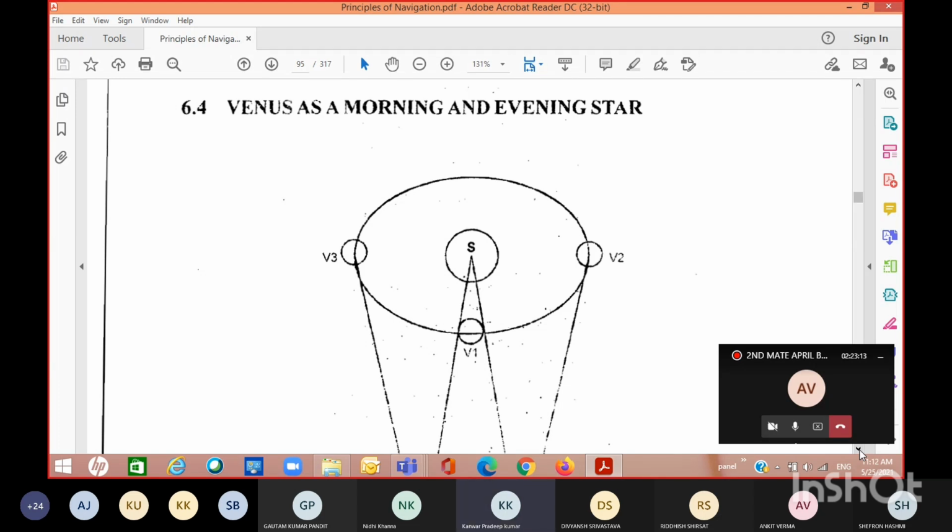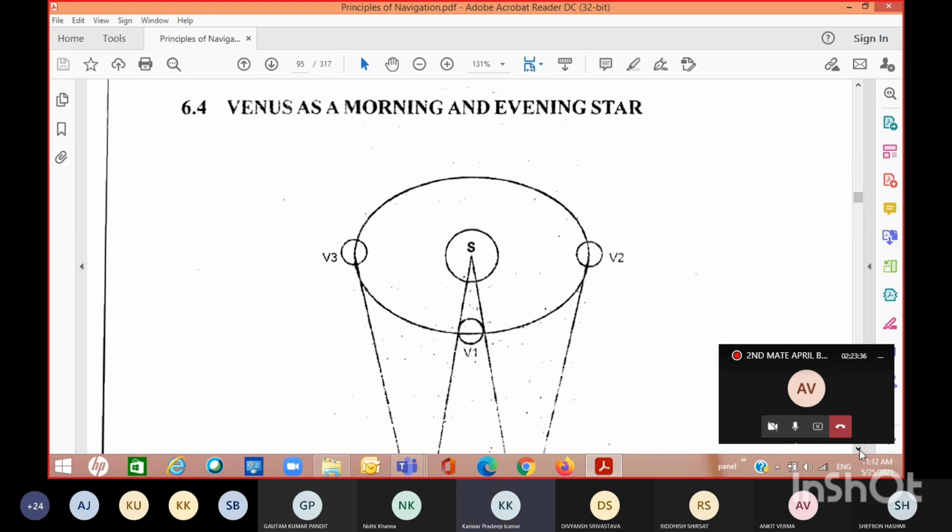So my next question is, can you see Venus both in the morning and evening on the same day? No, sir. Why is that? For some months you can see Venus only in the morning. Then some months you will not be able to see Venus.